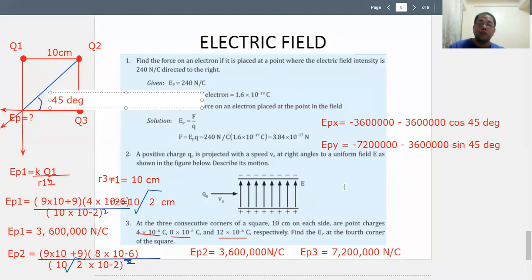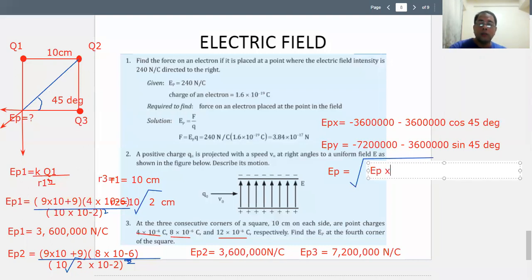Now the combination of these two allows us to find the E sub p already. We get that by getting the square root of the sum of the squares of our EPX and EPY. So get the EPX, then add EPY, but you're going to square each of them.